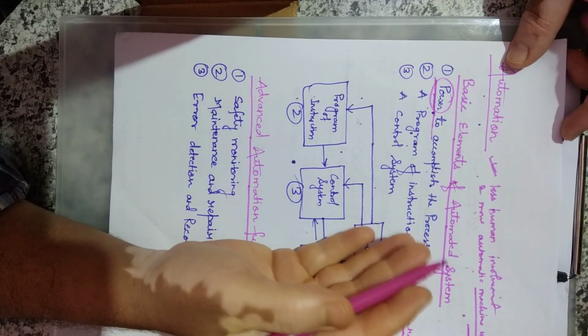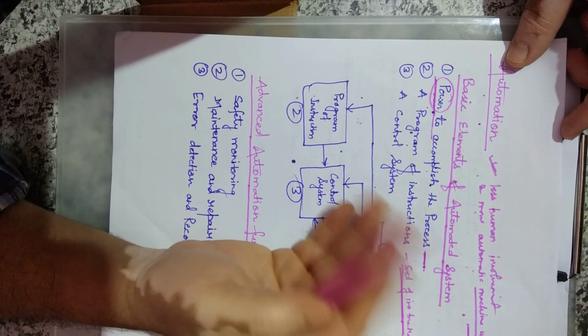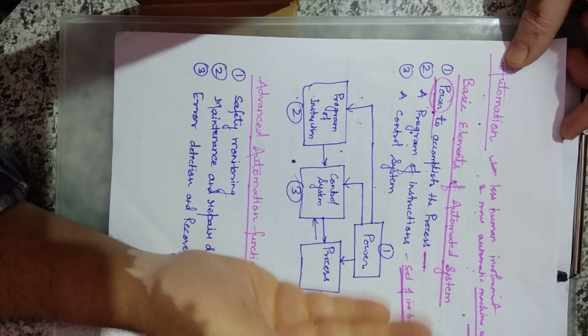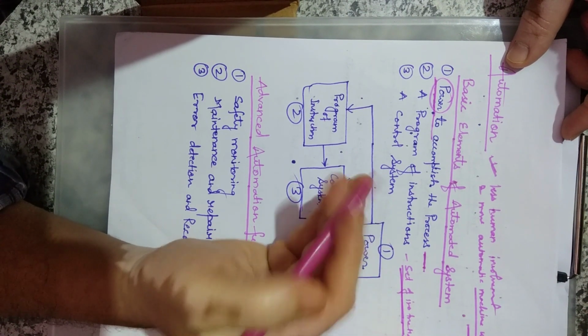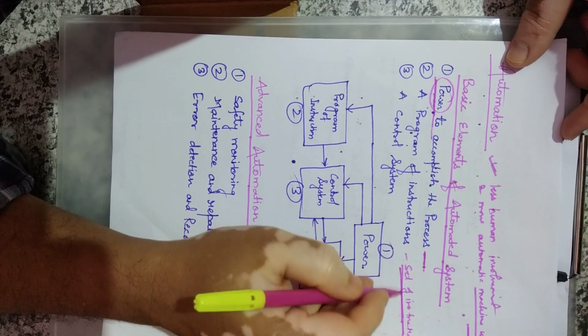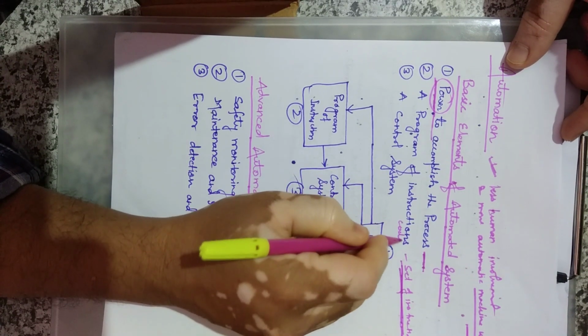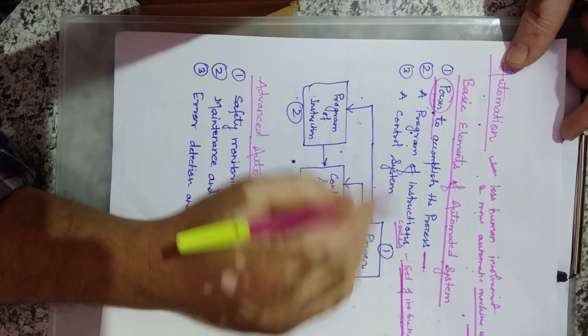For example, CNC lathe, CNC milling, robot, automatic guided vehicle. All different machines work on the set of instructions known as codes. Generally, it is in the form of codes, the program of instructions.